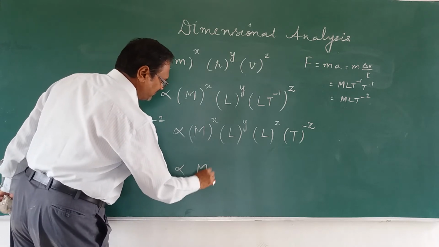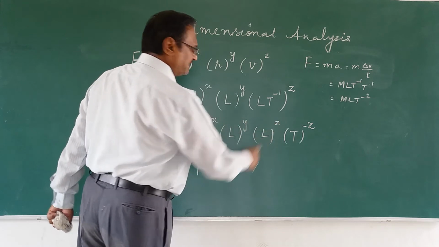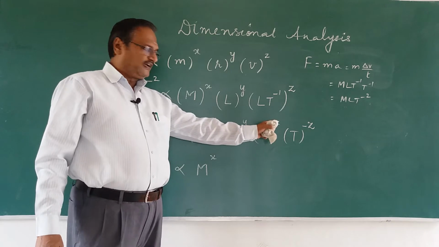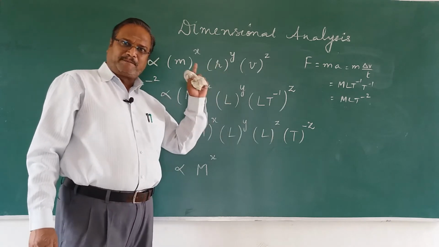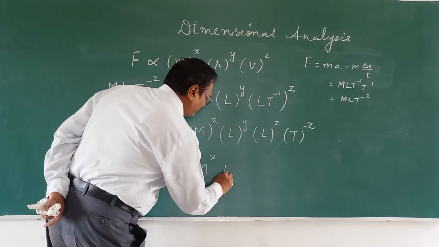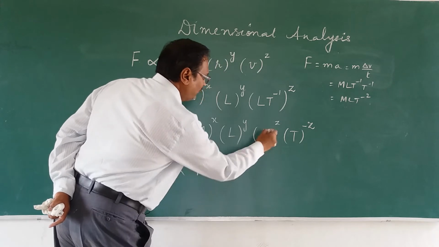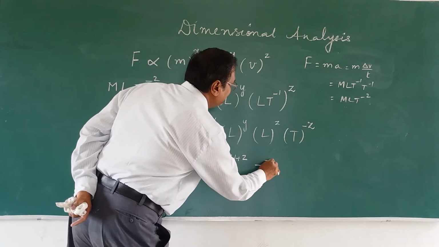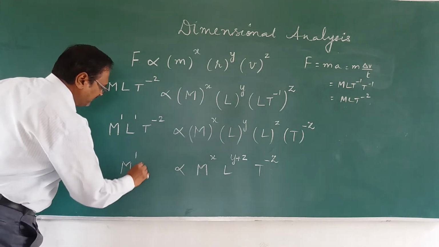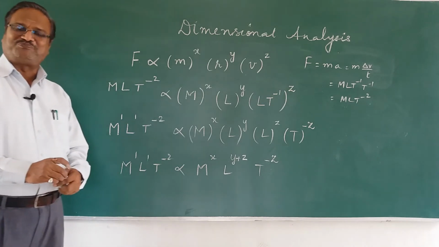No, only one M is there, M power x. L and L is there, y and z. A power m into a power n is equal to a power m plus n. That is an algebraic identity. Okay, so L power y plus z, and T power minus z. What is this? M power 1, L power 1, T power minus 2. This is what it is going to be.